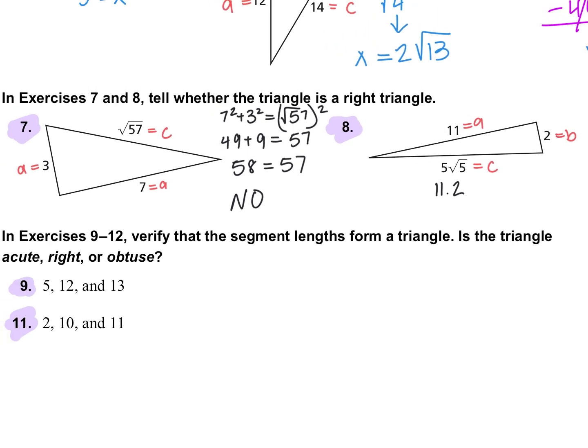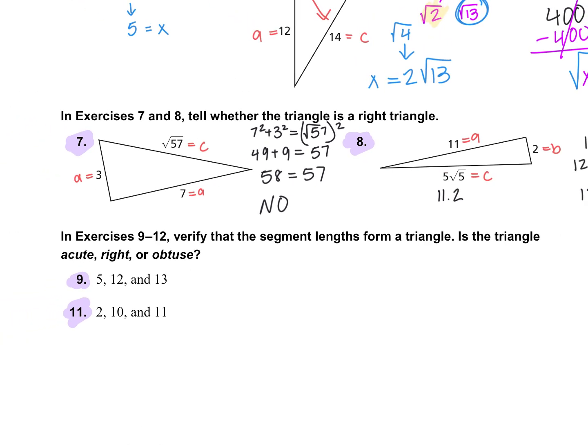All right, verifying if the segment lengths form a triangle. Is the triangle acute, right, or obtuse? Don't really stress on these questions because this question in particular is not going to be on the quiz, but you will 100% see it on your test. So I'm not going to waste time on this because I want to be able to go over everything.